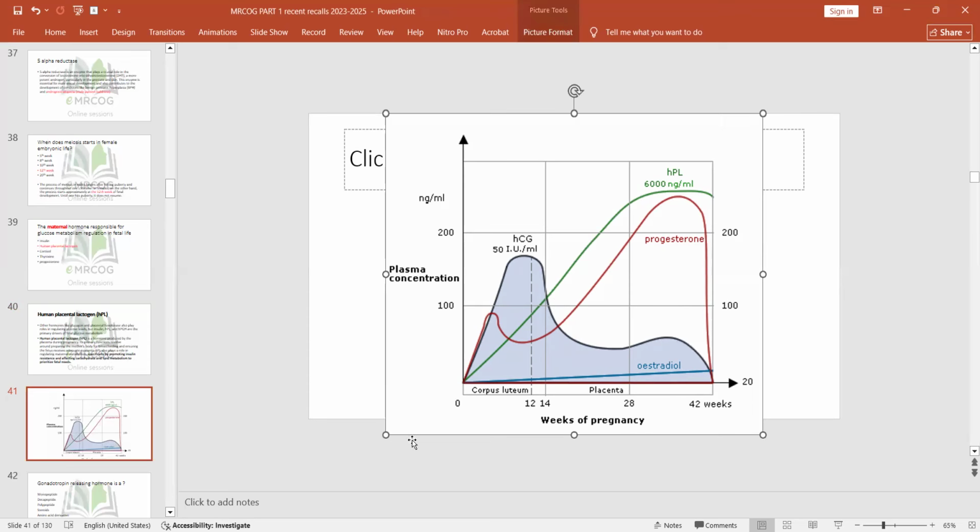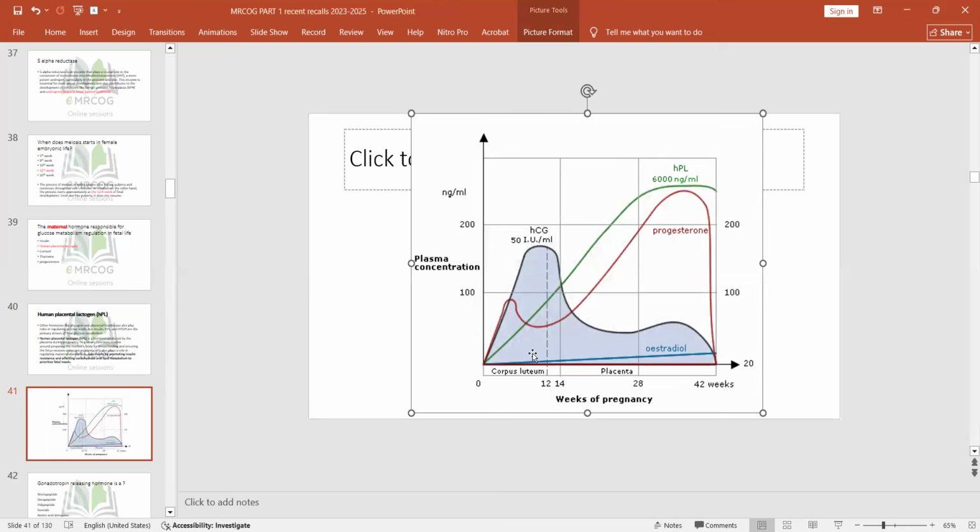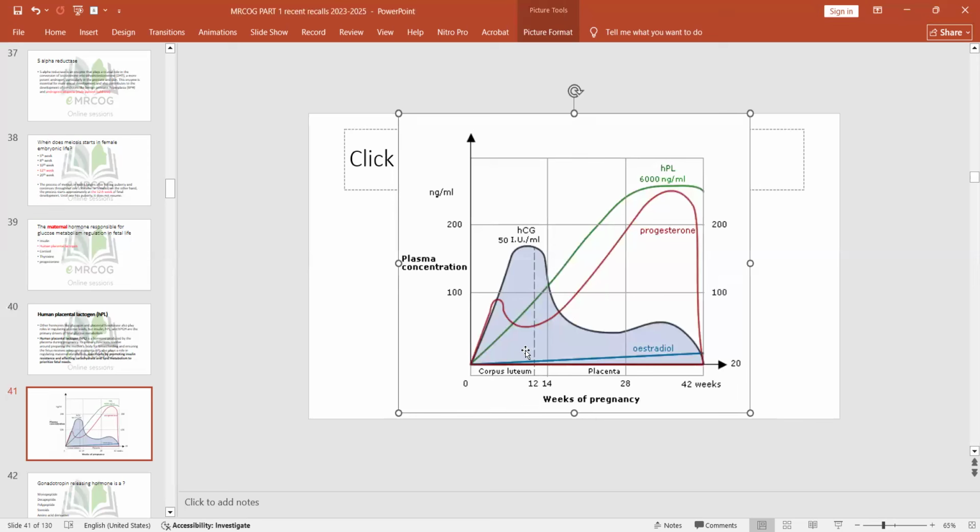And this is some hormones or placental hormones in pregnancy, some, not all of them, of course. So what is really unique about HPL or human placental lactogen is that it increases throughout pregnancy and plateaus, and it's not going to decrease.